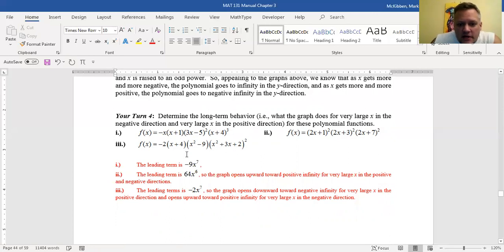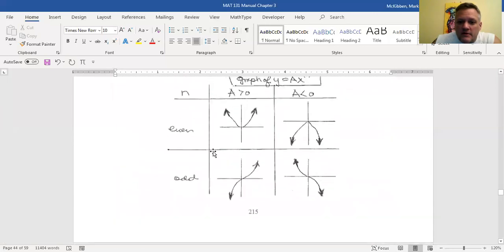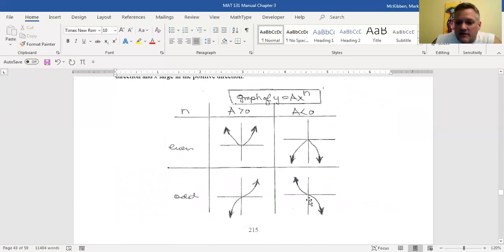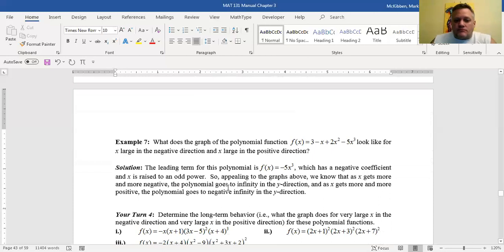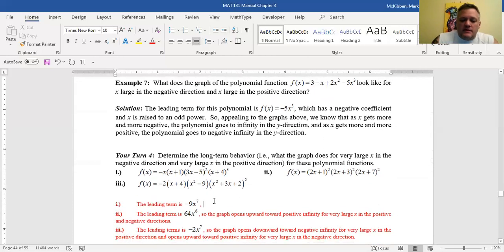All right, so notice here, you'll have a negative 9x to the 7th as your leading term. That's of the form of this guy, a negative and an odd power of x. And so what you'll get is, as x goes to the left, the polynomial goes up to plus infinity.